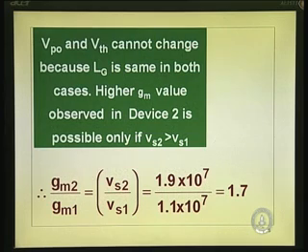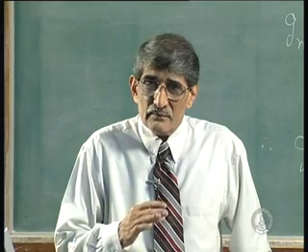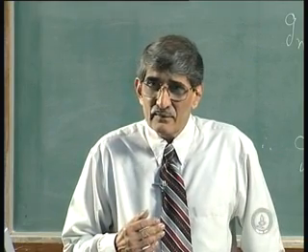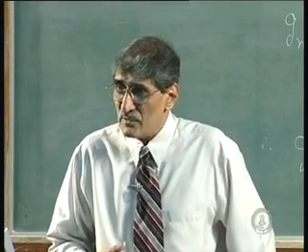Since the threshold voltage cannot change, because Lg is the same in both cases, the only change is the velocities. Now, the next job is, can this velocity be different, and what could be the reason? We will go back a little into physics and see what models people have proposed for that.